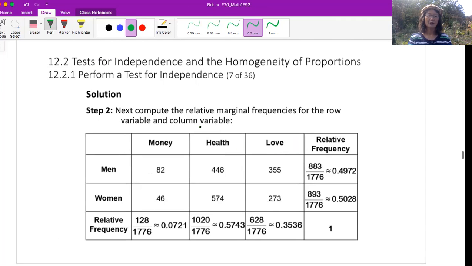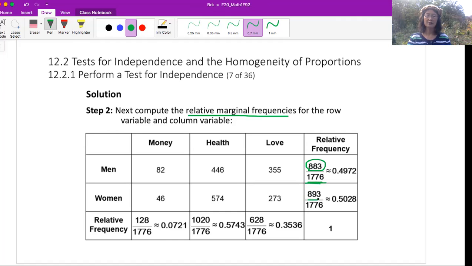Next, we compute the relative marginal frequency for the row variable and the column variable. We use the row total 883 divided by the grand total 1776, and we get the relative frequency. It is 0.4972.